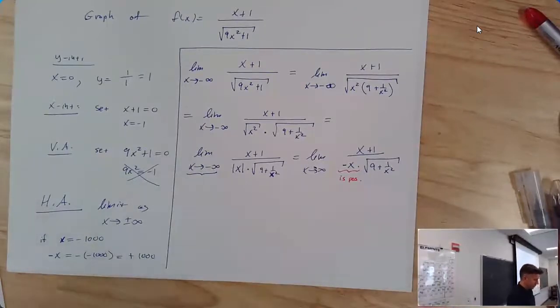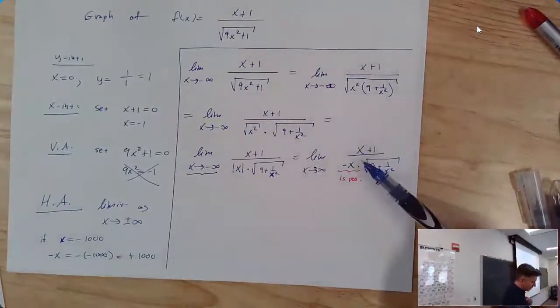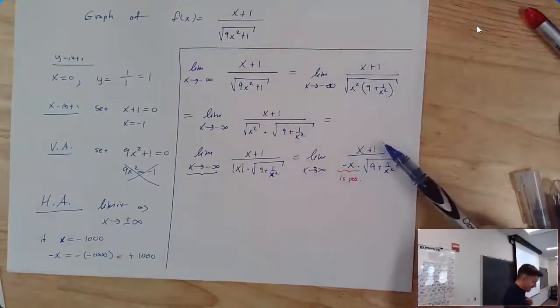So here's what I would say at this point. Let's go back to what we said at the very beginning. We said that in this fraction, the top should be negative and the bottom should be positive. So here, if x is going to negative infinity, is the top still negative? Is a negative large number plus 1 still negative? Yeah.